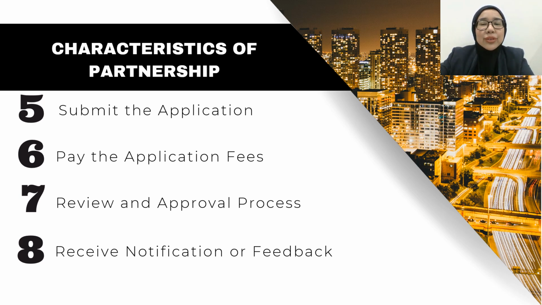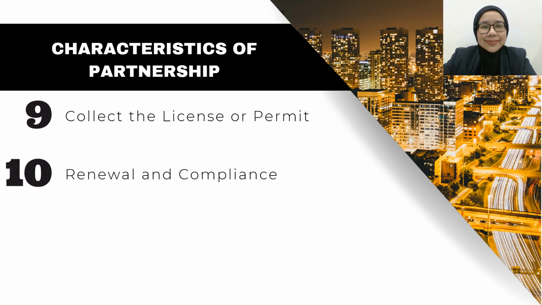Next, receive notification or feedback. Await notification from the authority regarding the approval, rejection, or request for additional information or clarification. Be prepared to address any queries or concerns raised by the reviewing authorities.